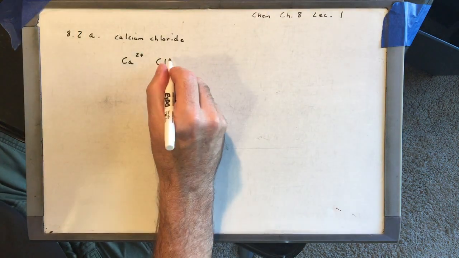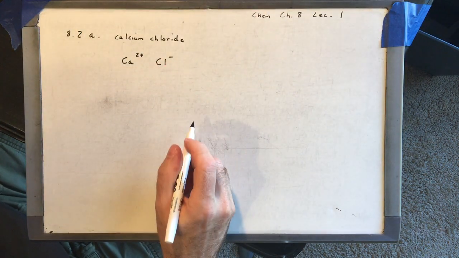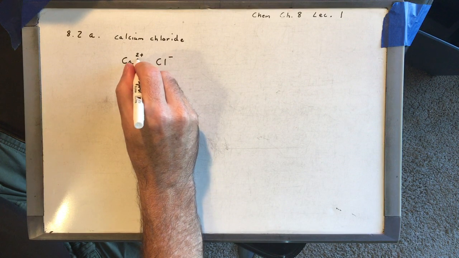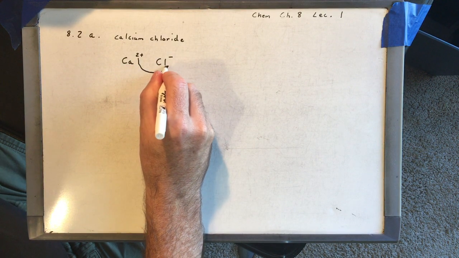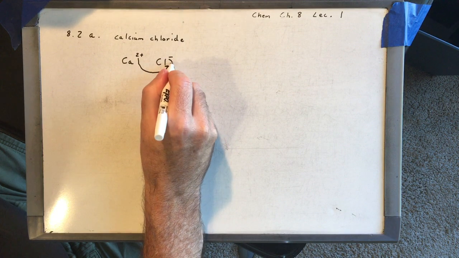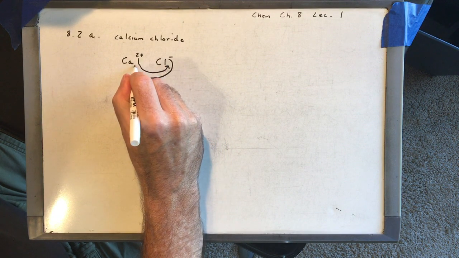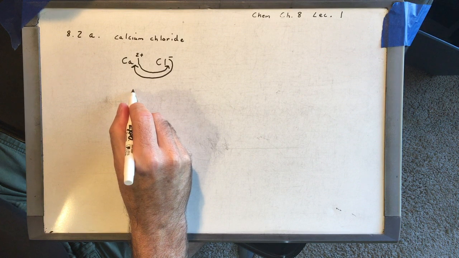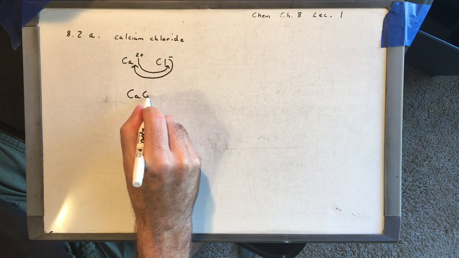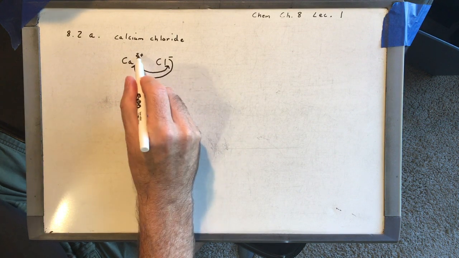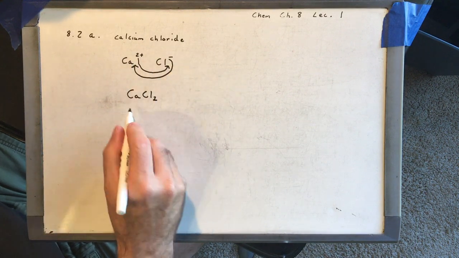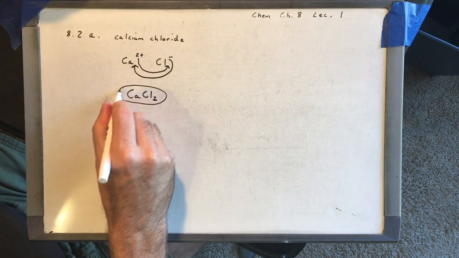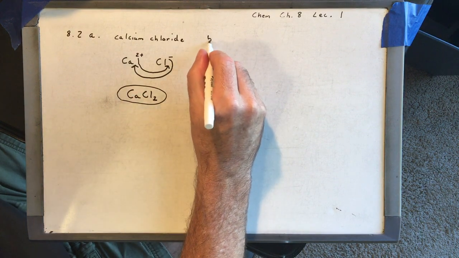Since the charges are different, you take the 2 and make it a subscript, and take the 1 and make it a subscript. So it's CaCl2. You just take that superscript, make it a subscript, and forget about the plus and the minus. That is the formula for calcium chloride.